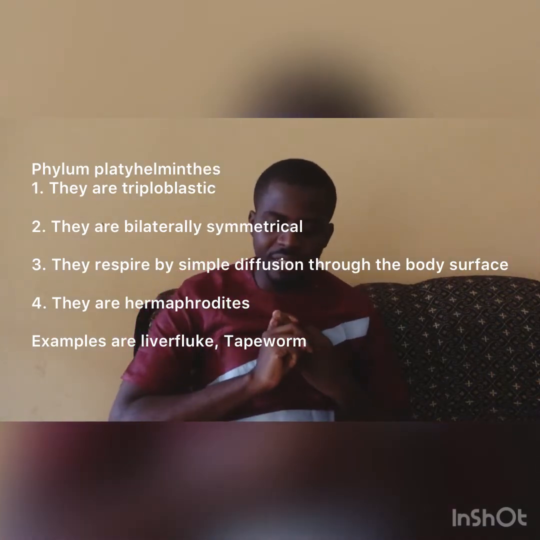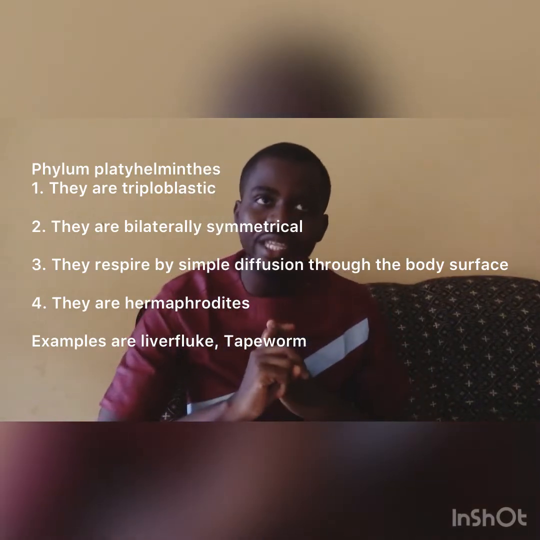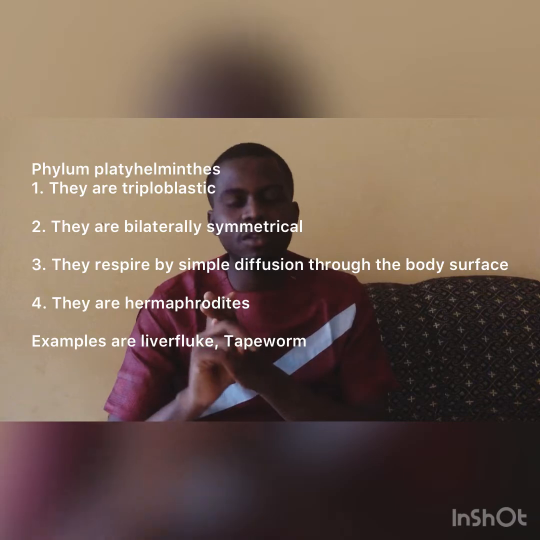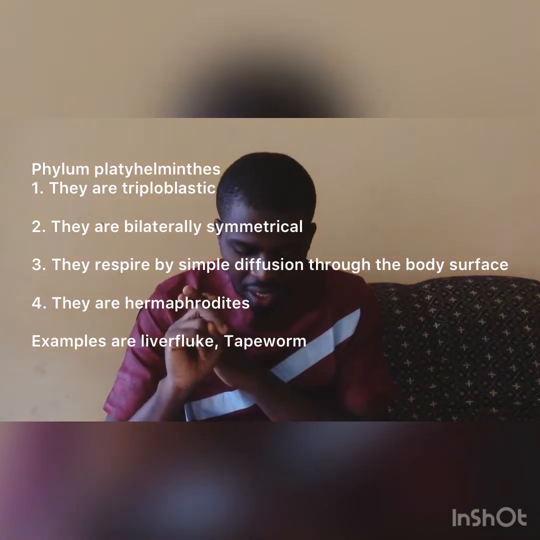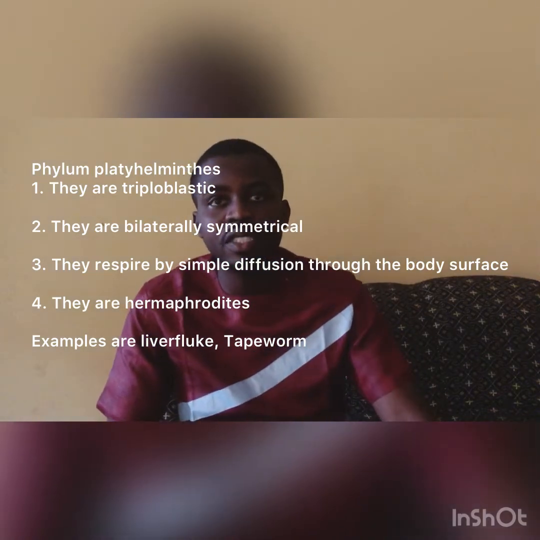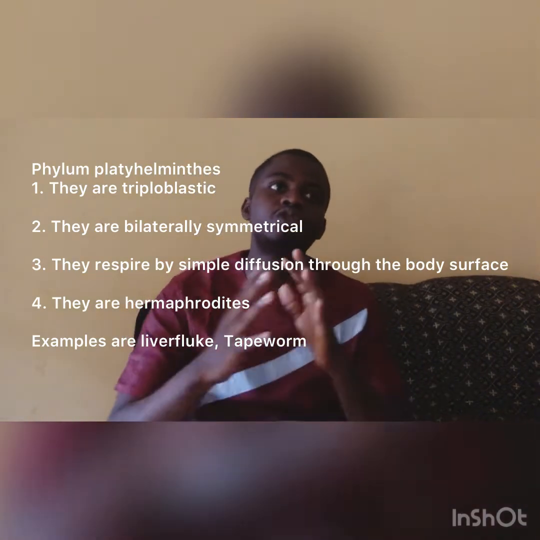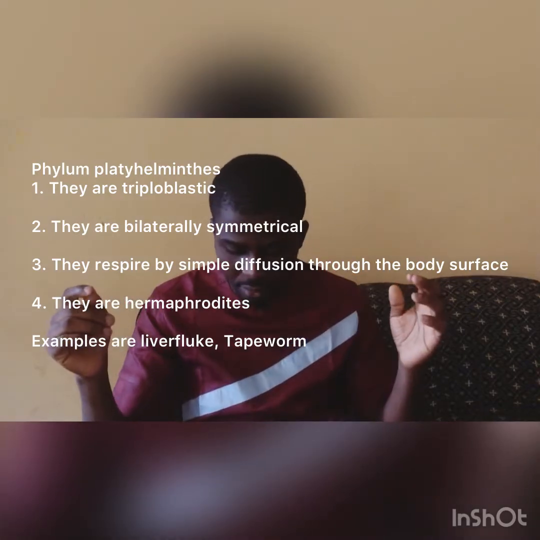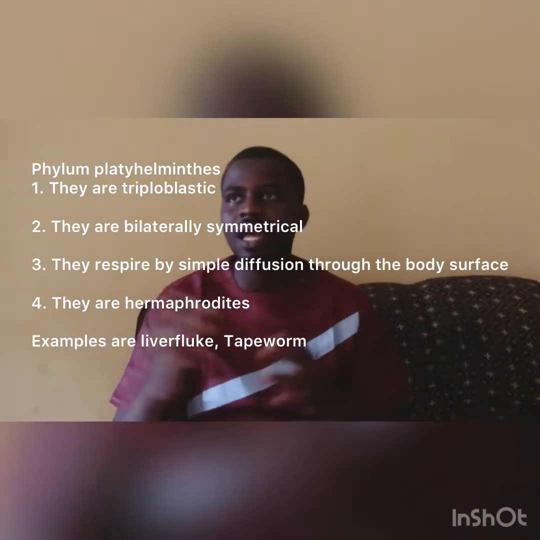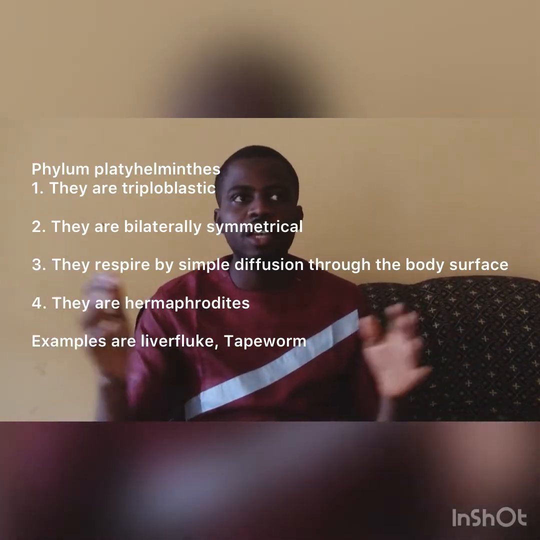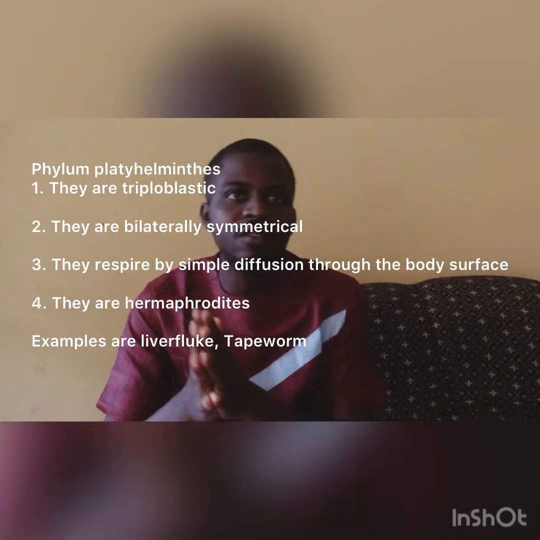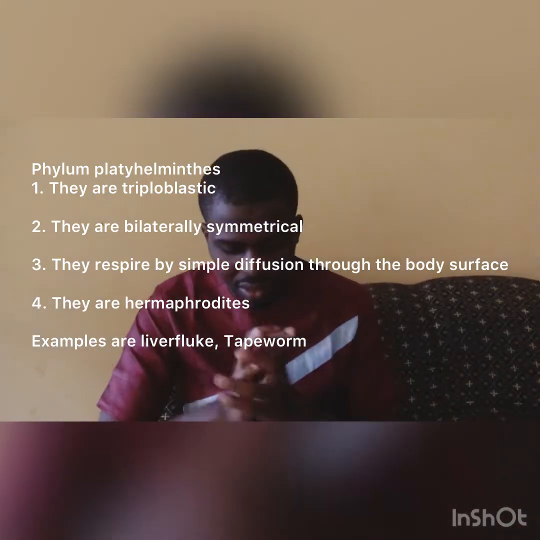Then another thing about the phylum Platyhelminthes is that they are bilaterally symmetrical, and they respire by simple diffusion through the body surface. I know the reason why they can just respire through the body surface: because they have a large surface area to volume ratio, so diffusion can take place very fast.